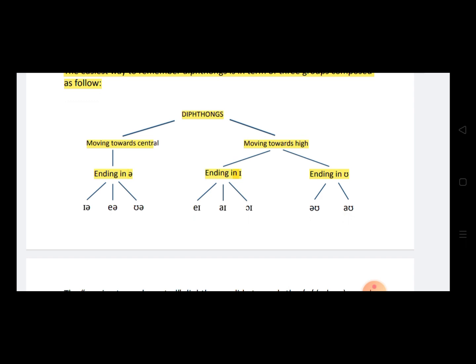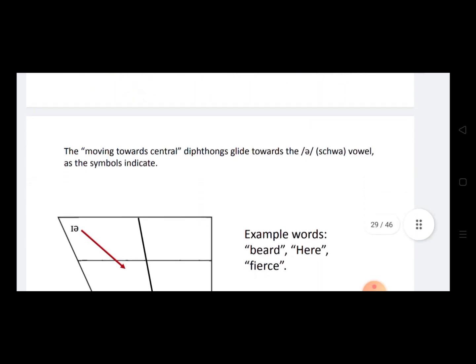The first one is moving towards central. Those diphthongs that are moving towards central end in the schwa sound, for example ia, ea, ua. Those moving towards high end in e, for example ei, ai, oi, and those ending in u, for example the diphthongs in go and now.